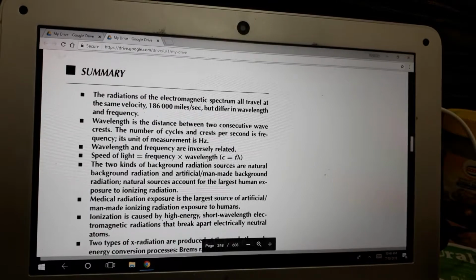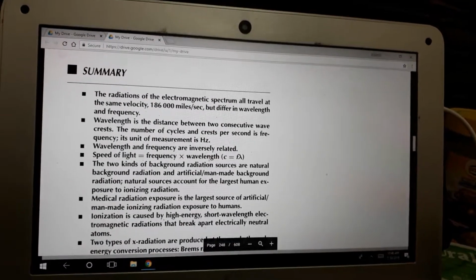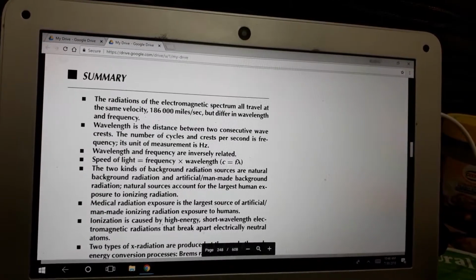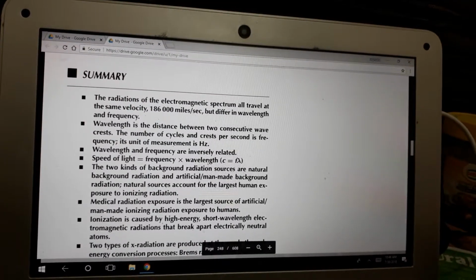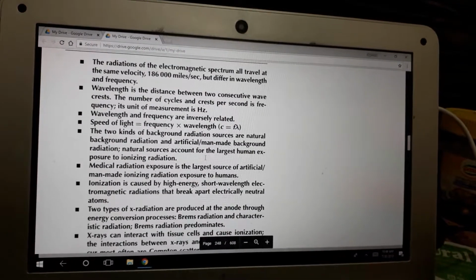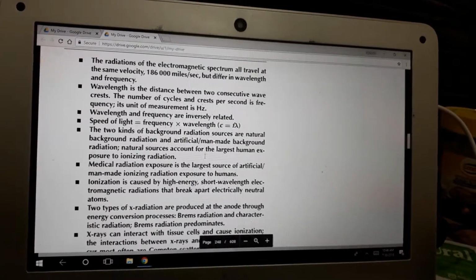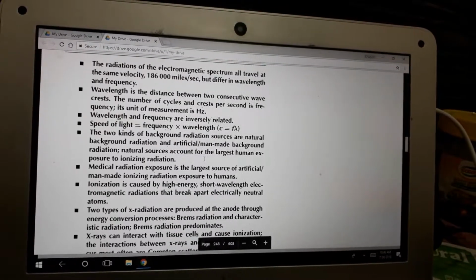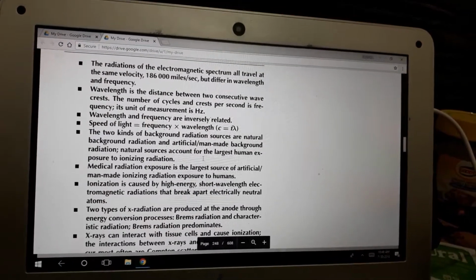Ionizing radiation is caused by high energy, short wavelength electromagnetic radiation that breaks apart electrically neutral atoms.